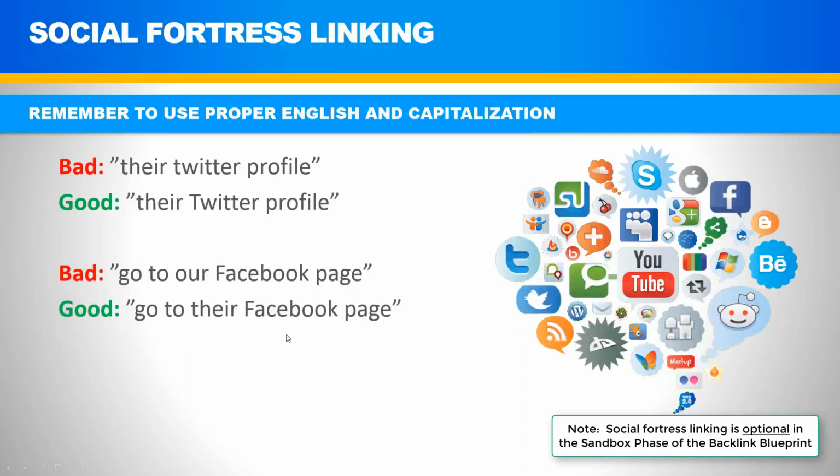By implying that it's "go to our Facebook page," that's saying that we own the PBN. We own this supposedly third-party link. So just be safe about this and use an anchor text like "go to their Facebook page," because the name of the game is we're trying to pretend like these links that are going to our site and our social fortress are not ours. So we don't scream it in Google's face like this.